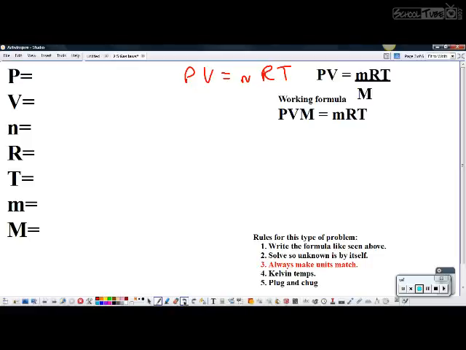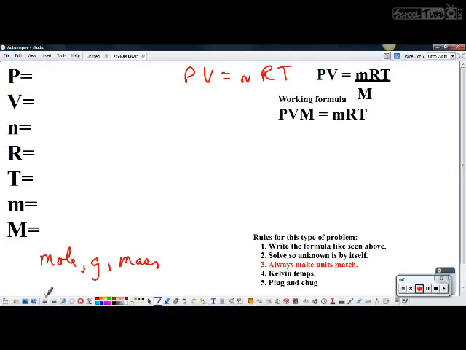All right, now let's talk about this for a second. When you read your problem, you're looking for three terms: mole, gram, or mass. It might say, what is the molar mass? What is the gram molecular mass? And it may not even say that, but it's going to have a gram in it, or it's going to have a mole.